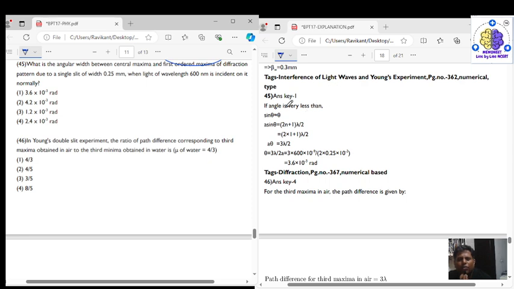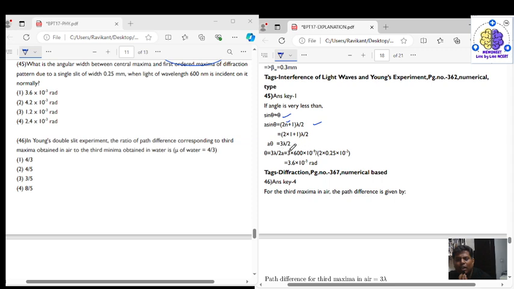Now, if the angle is very small, then sin theta is taken approximately equal to theta, right? Now for maxima, we know that a sin theta is equal to (2n plus 1) lambda by 2 is the formula, right? So here we have the first maxima, putting n equal to 1, we get a theta equal to 3 lambda by 2.